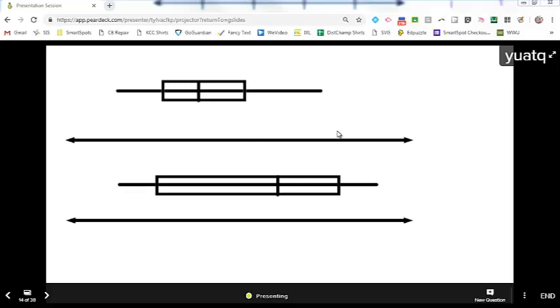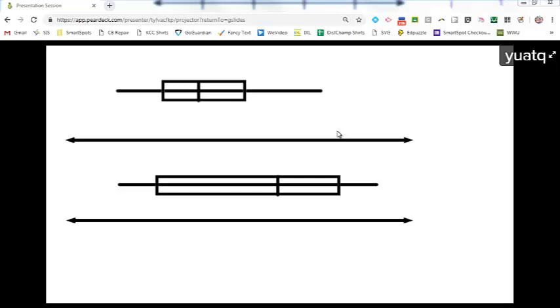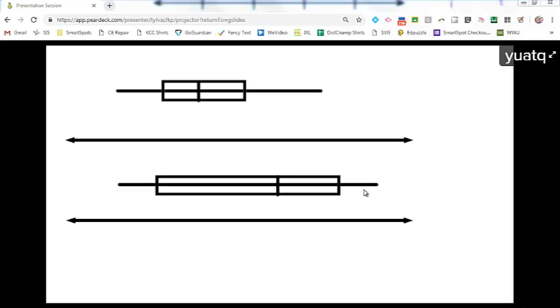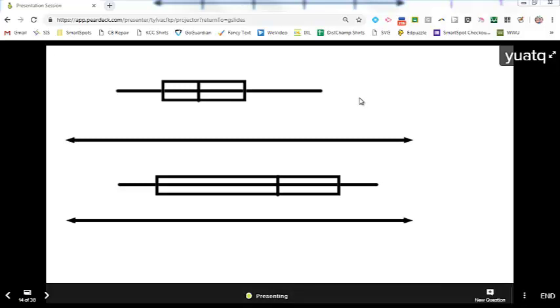How are they different? I need more than that. It changes. How? Be specific. What's different about these two? The second one has a higher max value. Okay, the interquartile range. Which one has a bigger IQR? The bottom one.